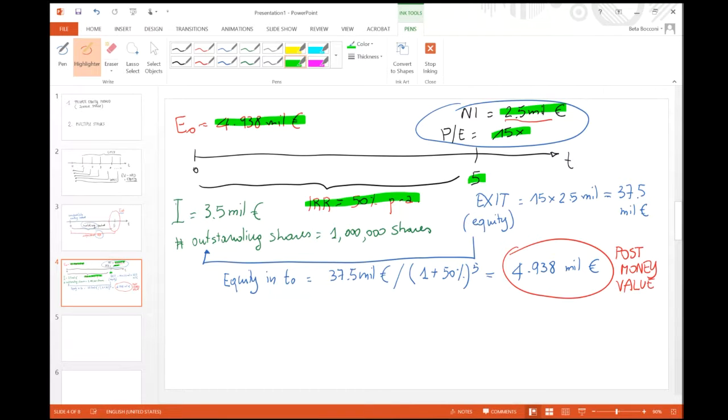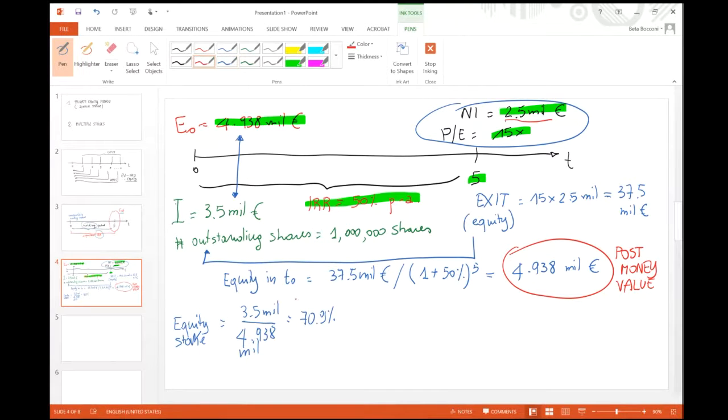Now, if we want to invest 3.5 million euros out of the total value of the company of 4.938, this means that the equity stake that we are going to buy in this company can be easily estimated as the ratio between the two values. So 3.5 million euros, our investment, and 4.938 million.